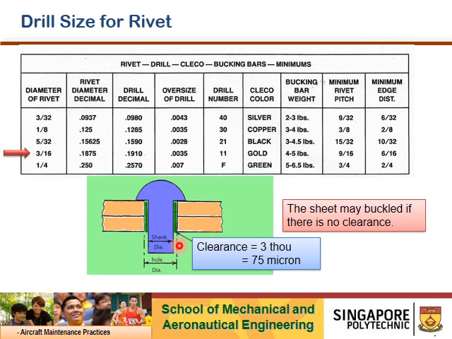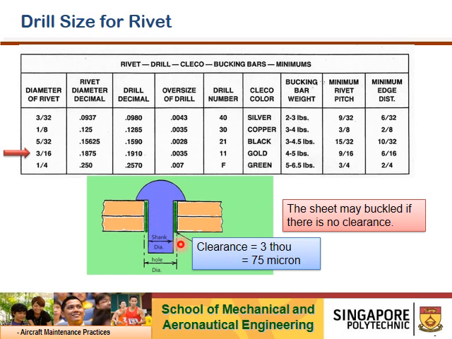So the bigger hole is supposed to cater for the expansion. That's why you have some clearance in this case shown here. Your rivets before installing are supposed to be loose. Once you upset the head of the rivet, the shank is supposed to expand due to the compression loading on the rivet heads.